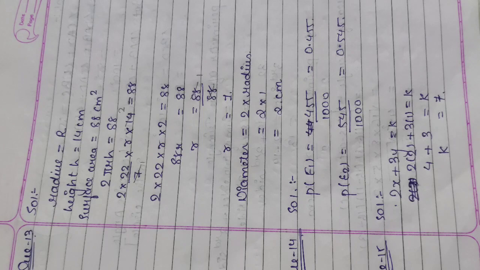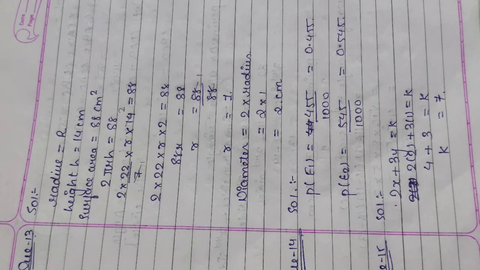Here also it is a question of probability. So P of E1 is equal to 455 divided by 1000 as per the question. So the probability of E1, event 1, is equal to 0.455, and the probability of event 2 is equal to 545 divided by 1000.